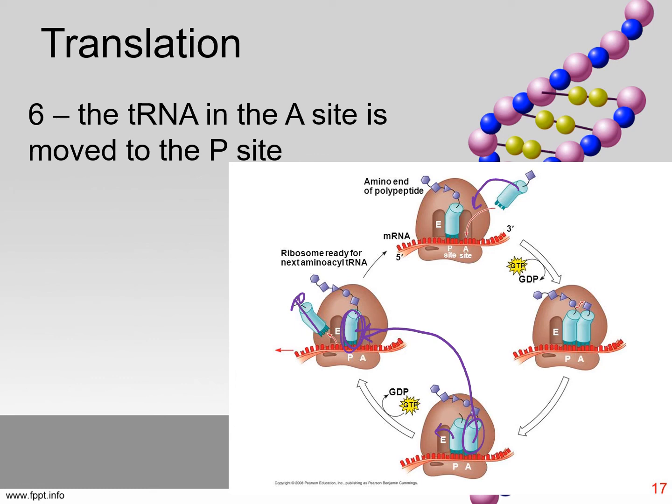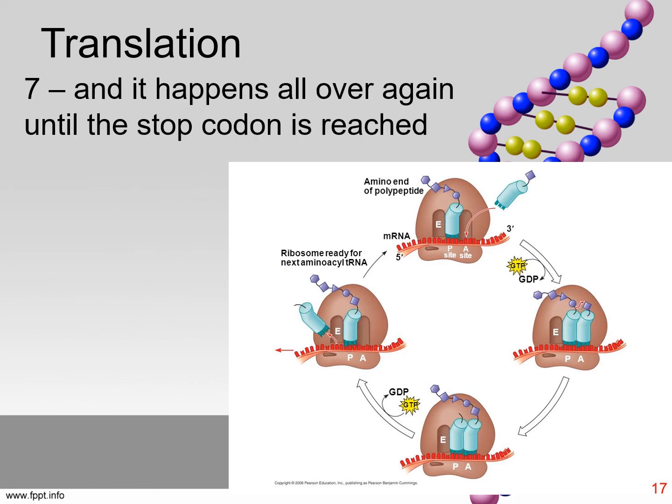The ribosome will take all of those amino acids and chunk them onto that guy. And then this guy will move over and exit. And then we do it all over again, until we get to that stop codon.